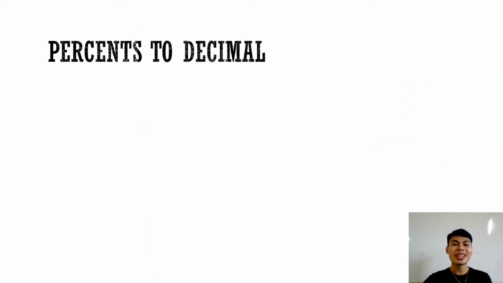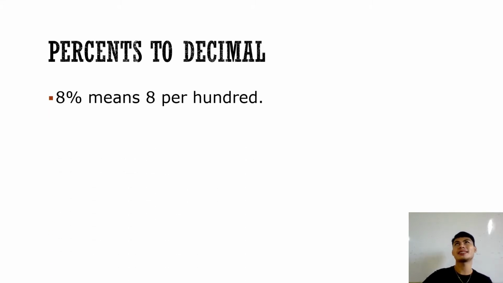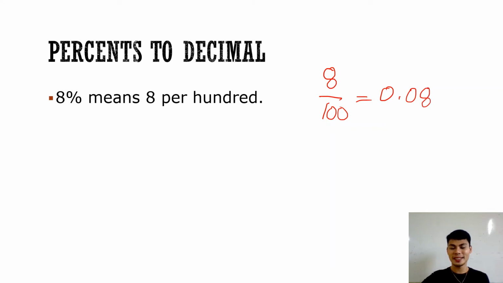Let's have percents to decimal. Actually, this is the main task, because we usually have multiplication when we deal with base, percentage, and rate later on in our discussions. So, how do we convert percents to decimal? Take 8%. It's 8 per 100, and this is just division. If you use your calculator, it is 0.08.